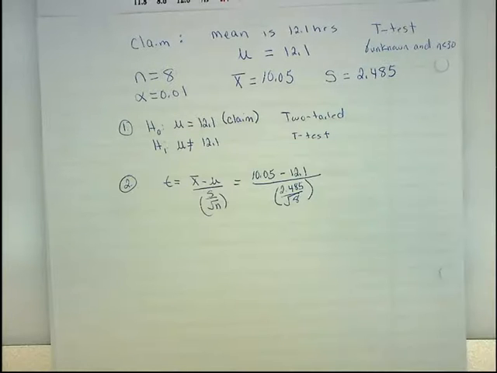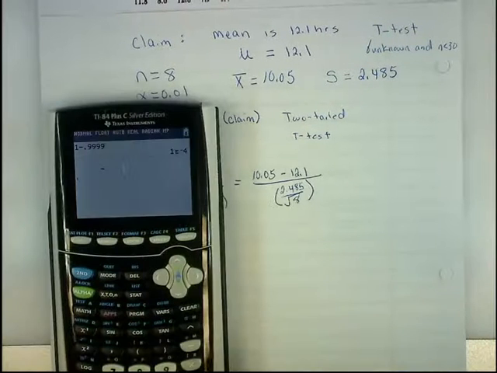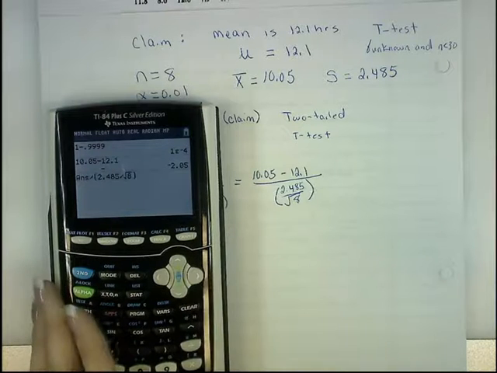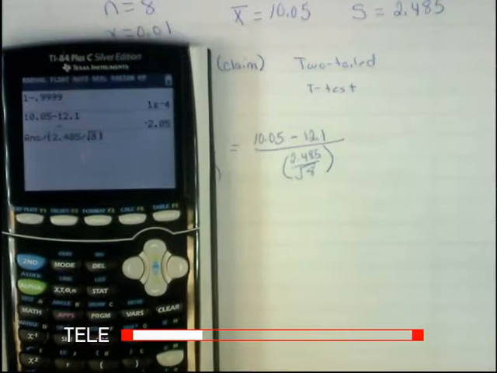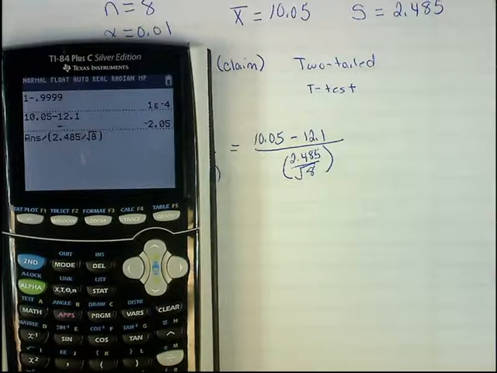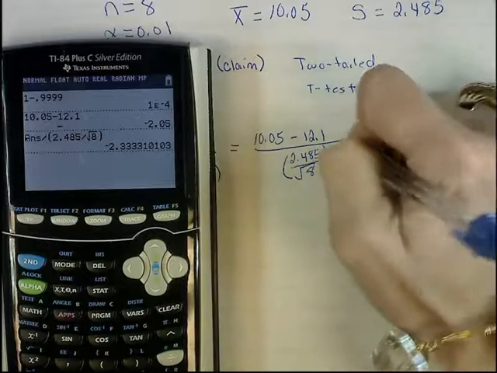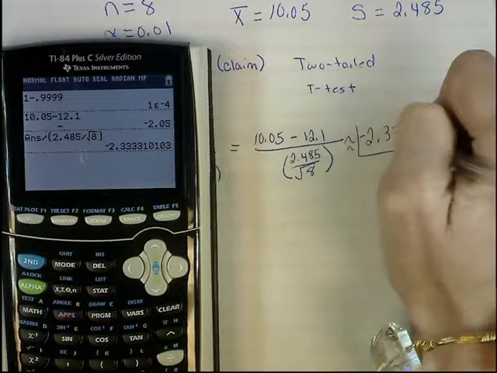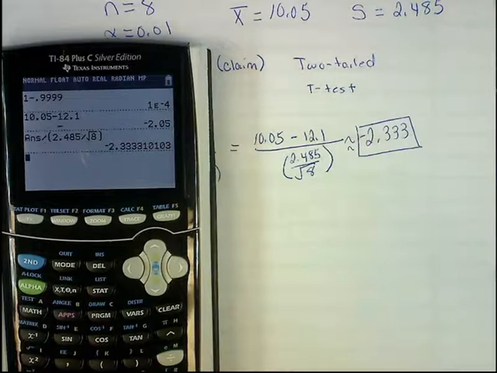When you calculate that value, it will look like this. Negative 2.333. And I rounded to 3 places because in the t-table values are given to 3 places.